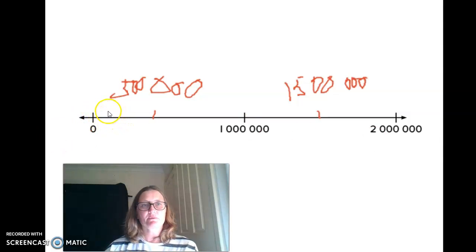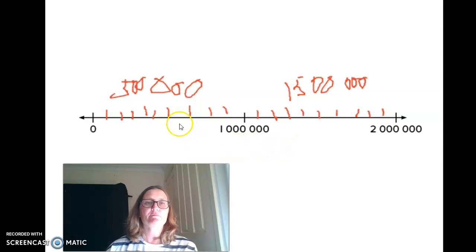So I've got 1, 2, 3, 4, 5, 6, 7, 8, 9, 10, and 1, 2, 3, 4, 5, 6, 7, 8, 9, 10. Okay, we've broken our number line into 10 equal parts between 0 and 1 million and 1 million and 2 million.